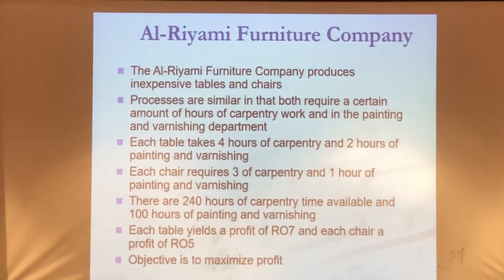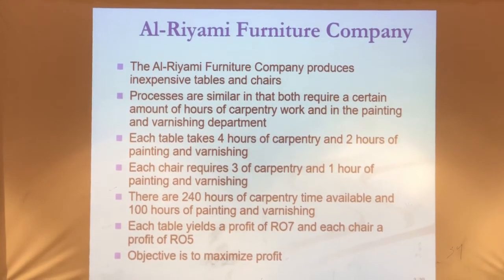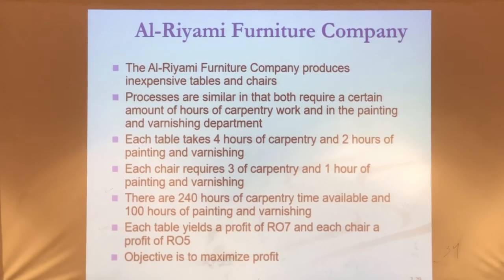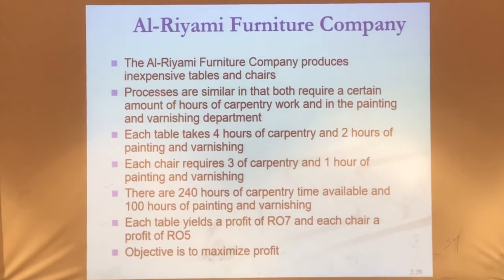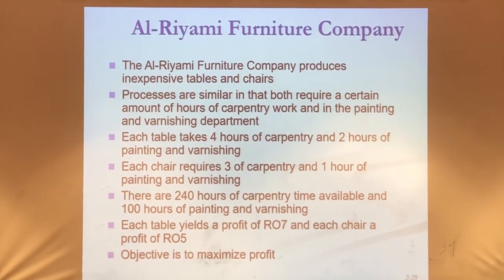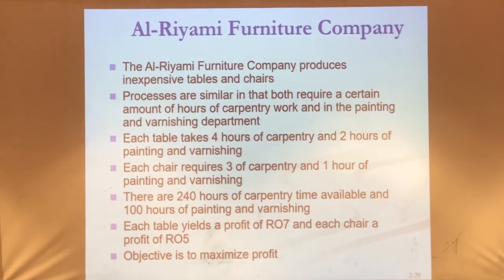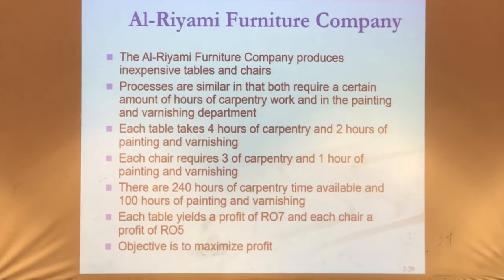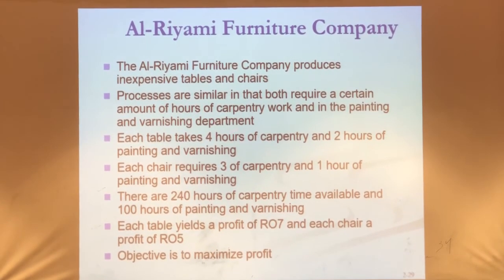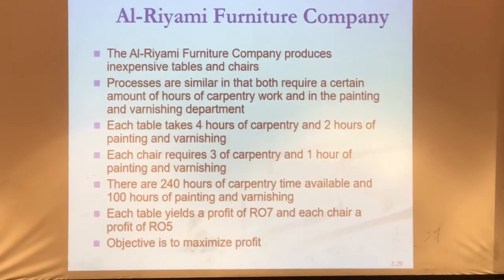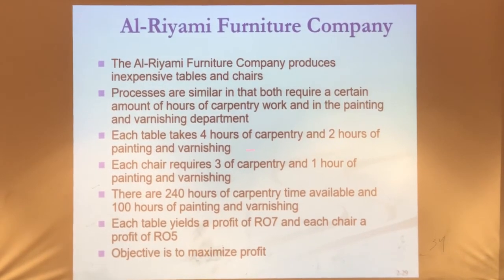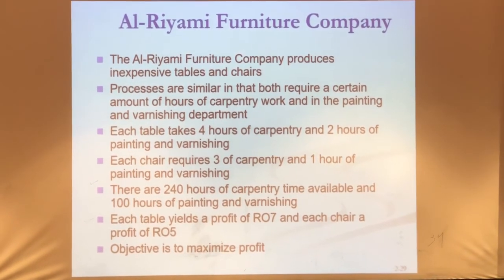Now this is your chance to formulate. Okay, the Al-Riyami Furniture Company produces inexpensive tables and chairs. The processes are similar in that both require a certain amount of hours of carpentry work and of painting and varnishing. Each table takes 4 hours of carpentry and 2 hours of painting and varnishing.